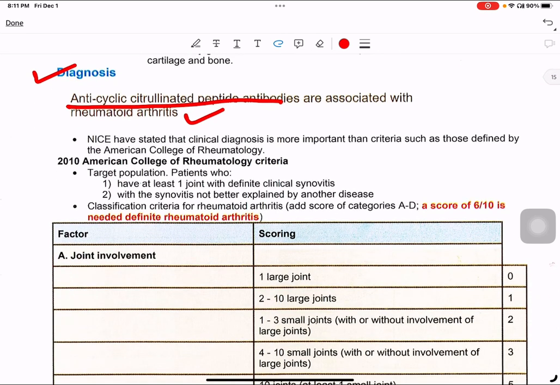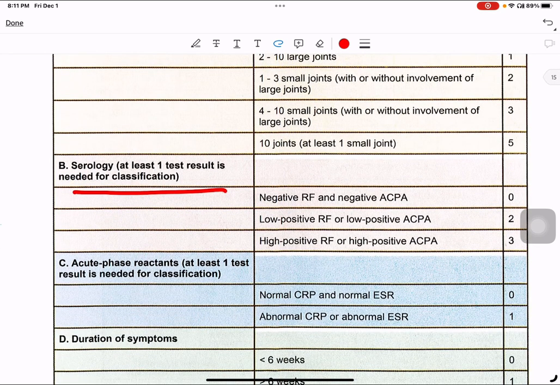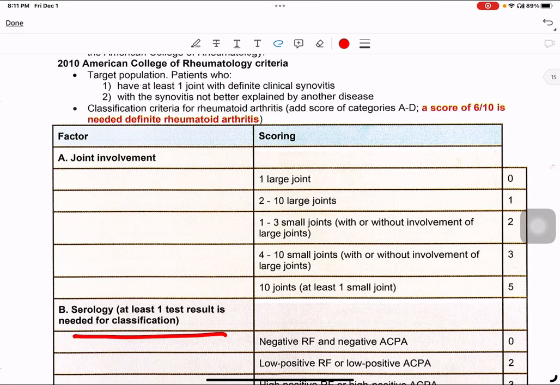As per the American College of Rheumatology, there are 4 factors: number of joints involved, serology, acute phase reactant, and duration of symptoms. There should be at least 6 points out of 10. If someone's score is 6 or above, he is supposed to have rheumatoid arthritis.